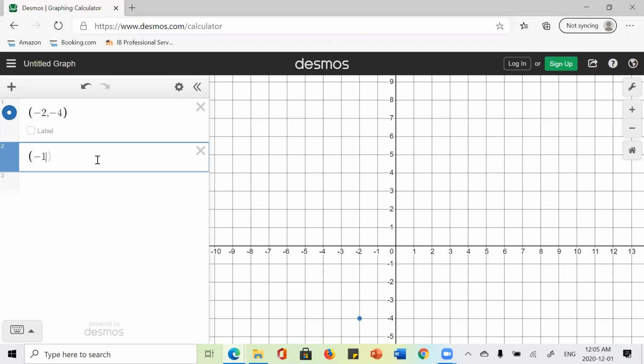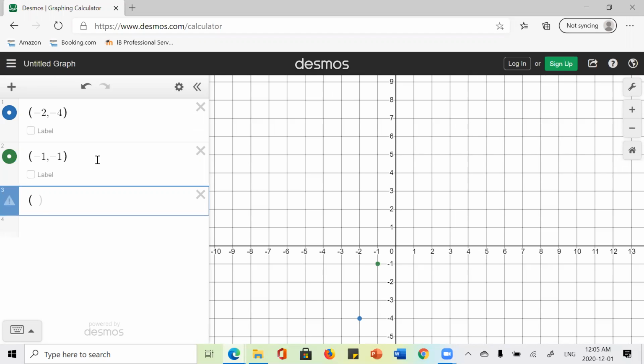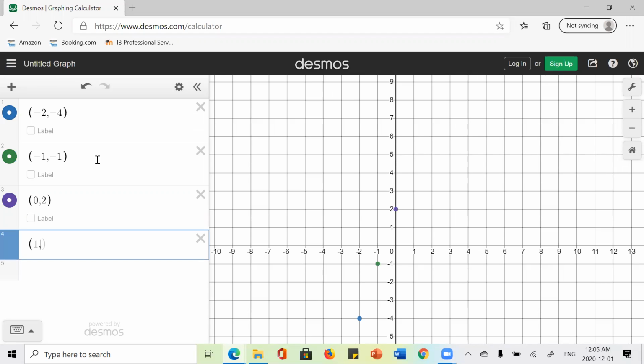And I believe the next one was -1 and -1, and I can plot that there. And then I believe the next one was 0 and 2. And then we had 1 and 5 and so on. So if you want to plot this out and you didn't have grid paper, you can certainly use these points to help you visualize what the line looks like. But of course, if you have the equation, that makes it a lot easier too.